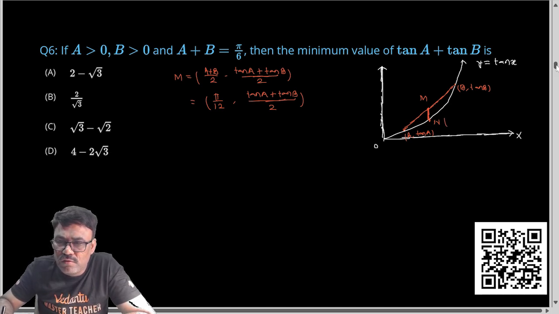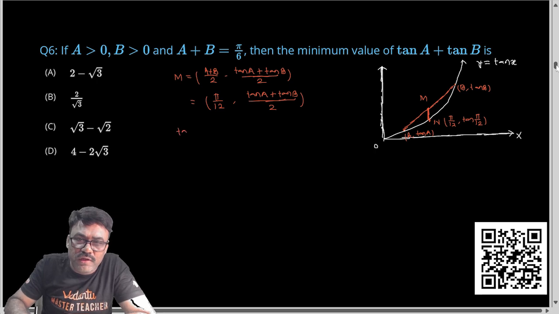So I can say x coordinate of N is pi by 12. And y coordinate of N is tan pi by 12 as it is lying on the curve. So this point must satisfy the curve. X is pi by 12, y is tan pi by 12. And you can clearly see that the y coordinate of M will be greater than y coordinate of N. M point is above the point N.